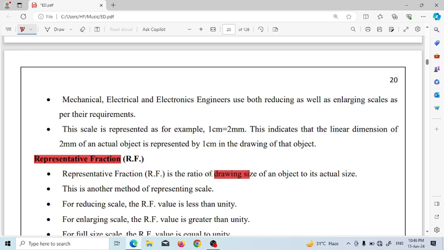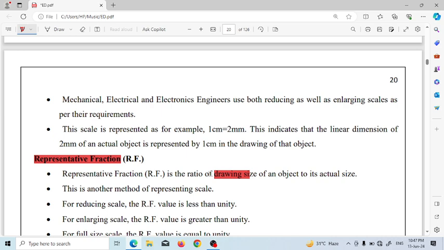For example, if an aeroplane is much bigger than the drawing sheet, then we have to draw it at a smaller size by dividing by some multiple. This is called the representative fraction.